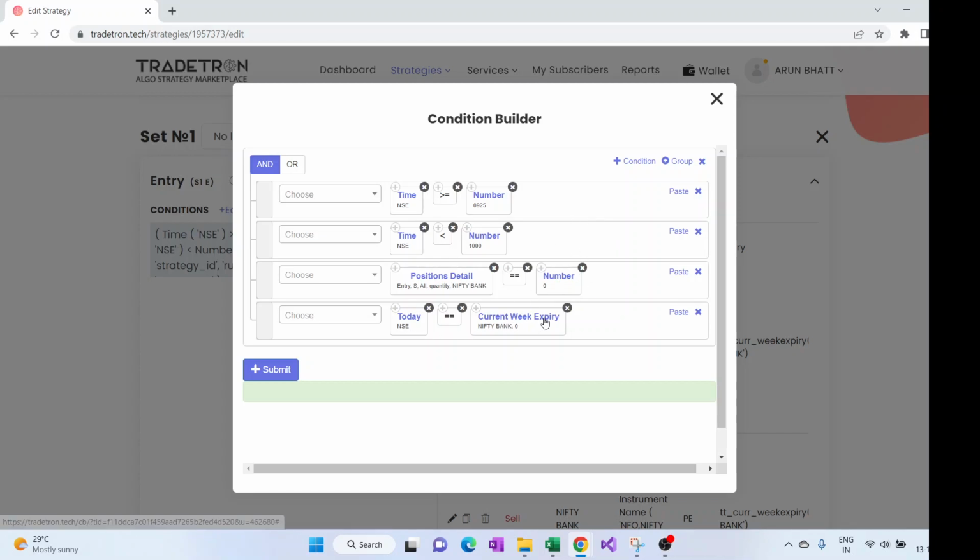The today equal to current week expiry condition makes sure that it trades on the expiry day. So even if Thursday is a holiday, it will trade on Wednesday, because Tradetron will have this variable current week expiry as true for Wednesday in case Thursday is a holiday.